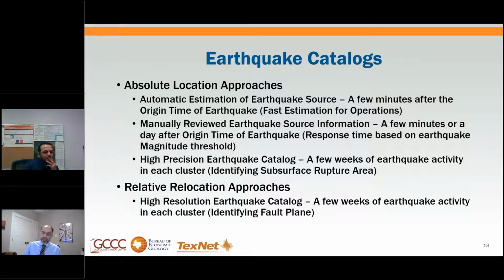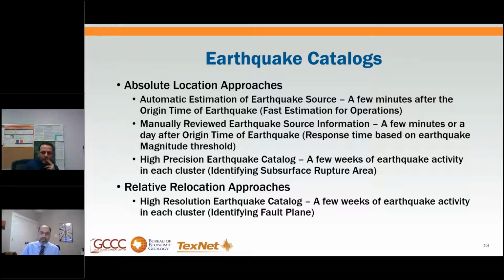The relative location approaches use mathematical approaches in order to identify mostly the lineament that follows the fault strike, and also somehow the subsurface area, but they don't have the accuracy of the absolute location. Actually, the relative location accuracy depends on the absolute location approach, because the absolute location data is the input to the relative relocation approach.